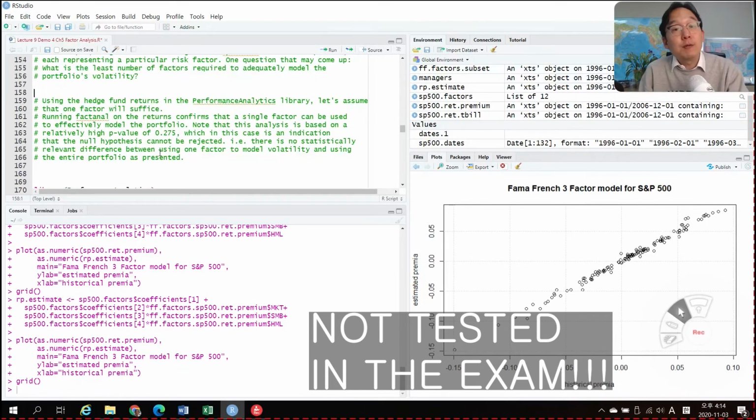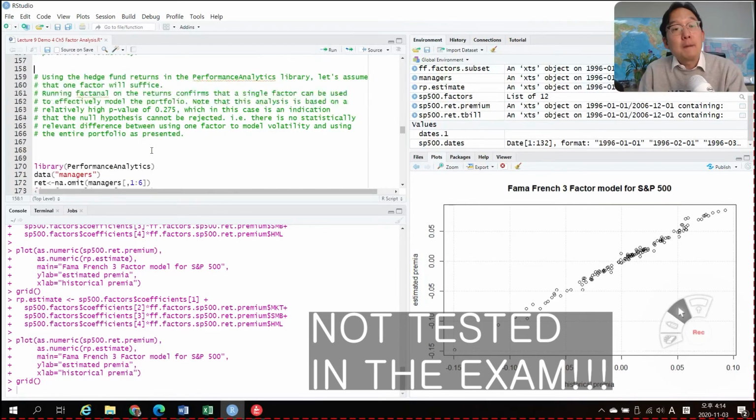Using the hedge fund returns in the PerformanceAnalytics library, let's assume that the factor will suffice. Running factanal on the returns confirms that a single factor can be used to effectively model the portfolio.